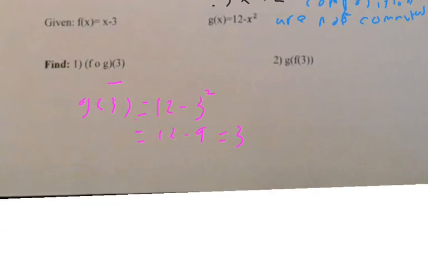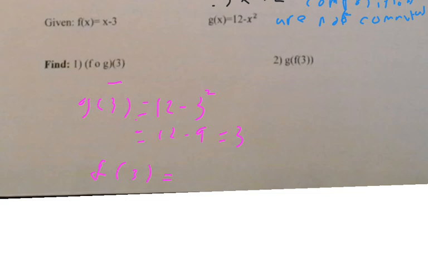So now we're looking for f of 3. And it's not always going to be the same number, so see, it's g of 3 and f of 3. You might get a different number, but we'll see that in the next example.